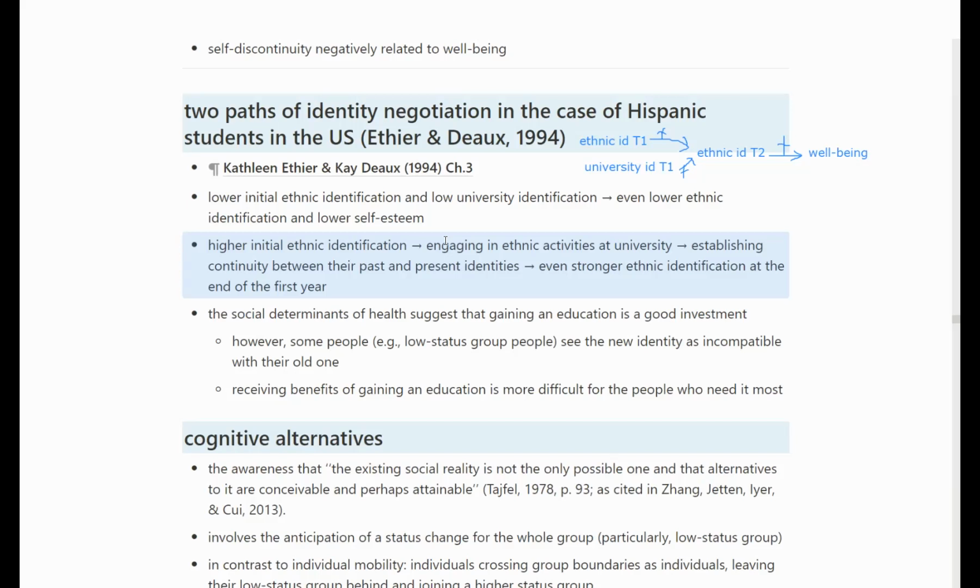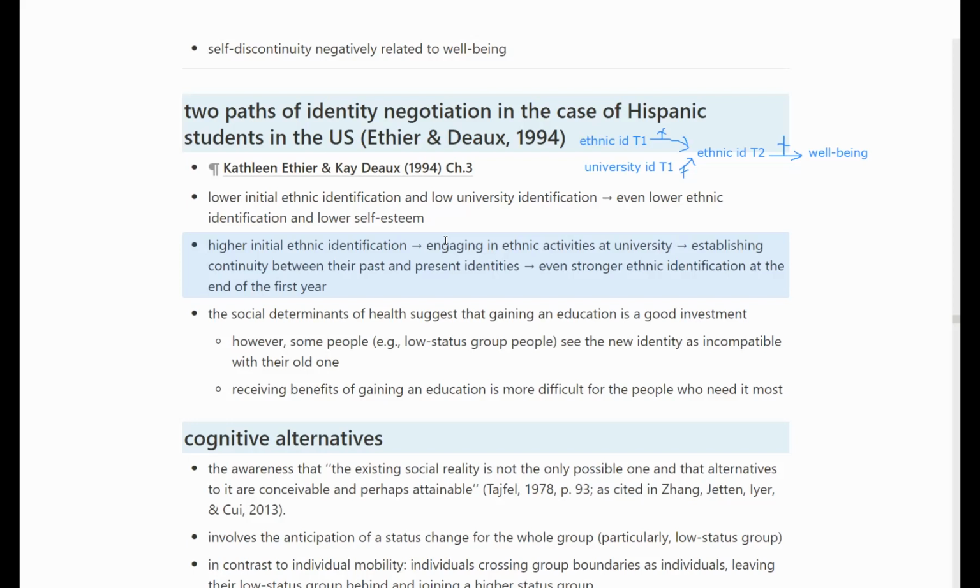And by doing that, before entering university, they had strong Hispanic identities. And because they can still express such Hispanic identities at university, they can feel continuity between their past and present identities. Before entering university, they were Hispanic people.